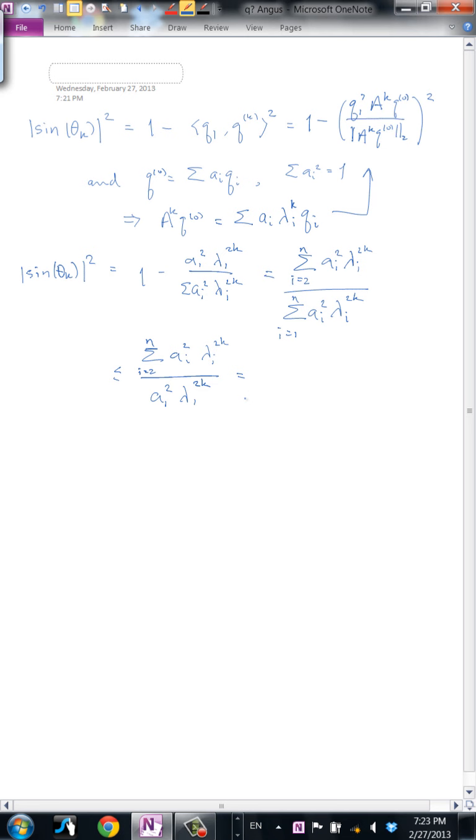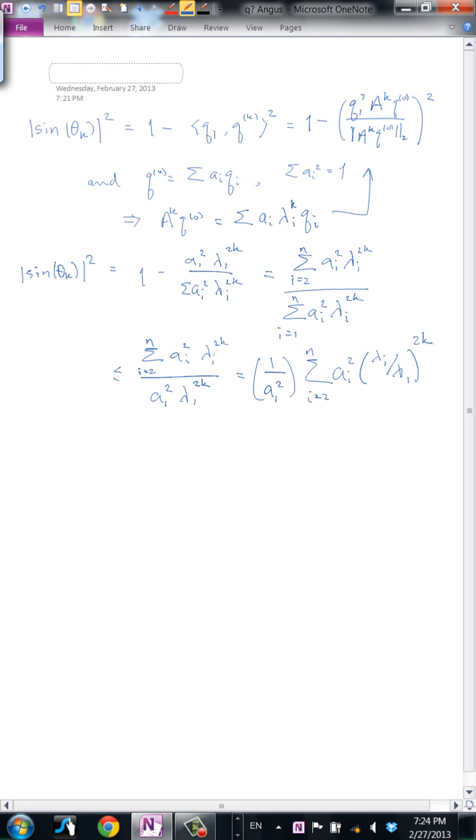This in turn is equal to 1 over a1 squared times the sum from i equals 2 up to n of ai squared times (lambda i divided by lambda 1) to the 2k.